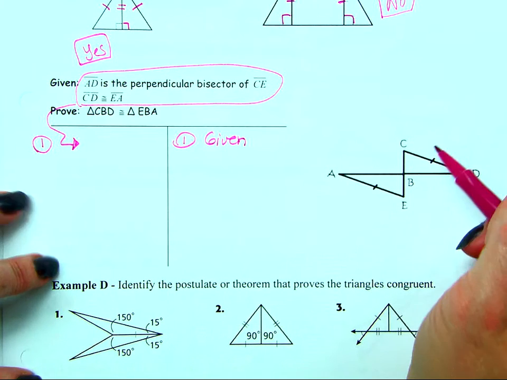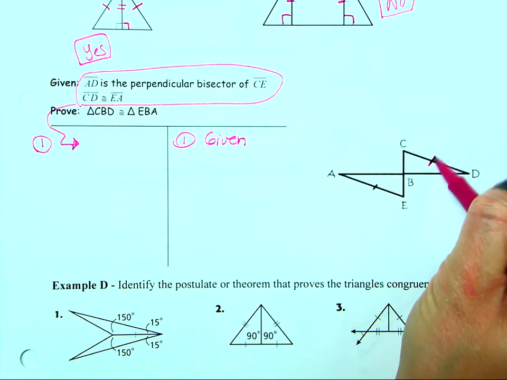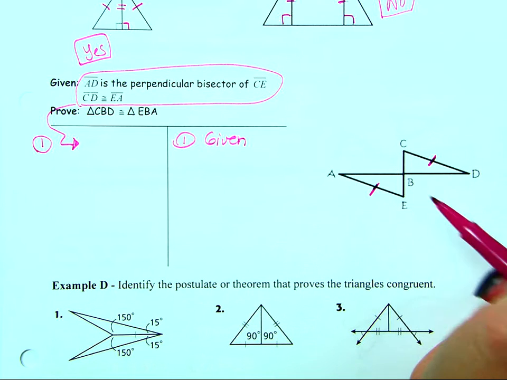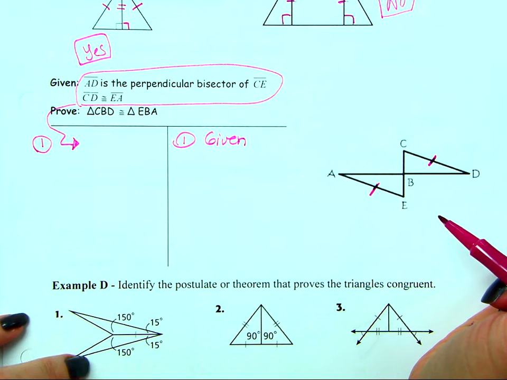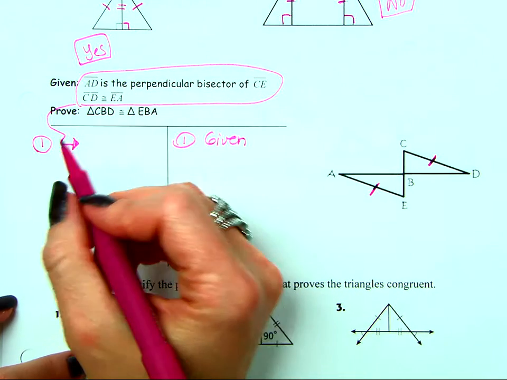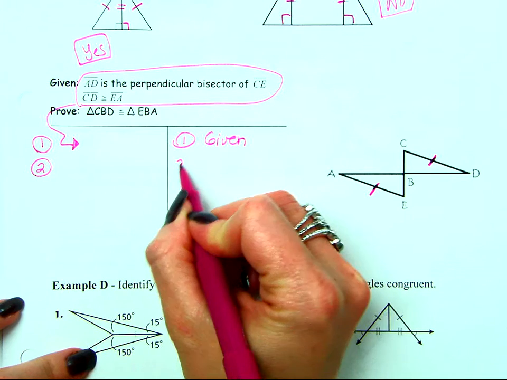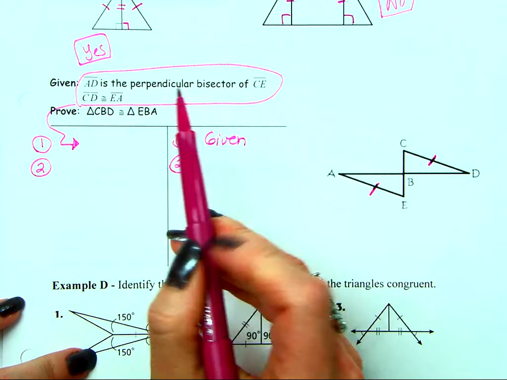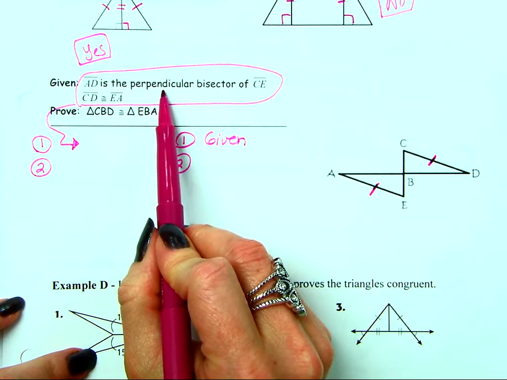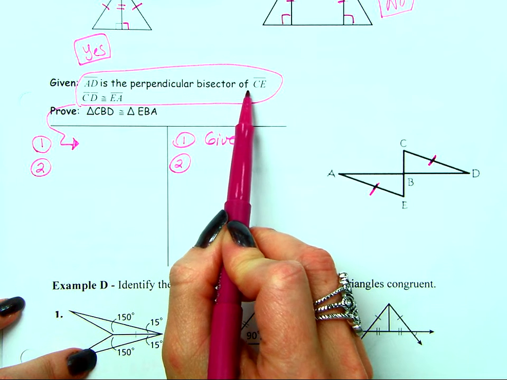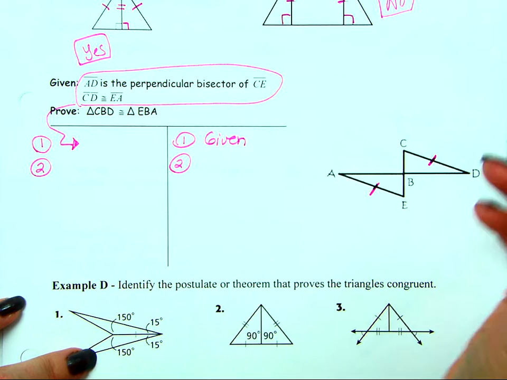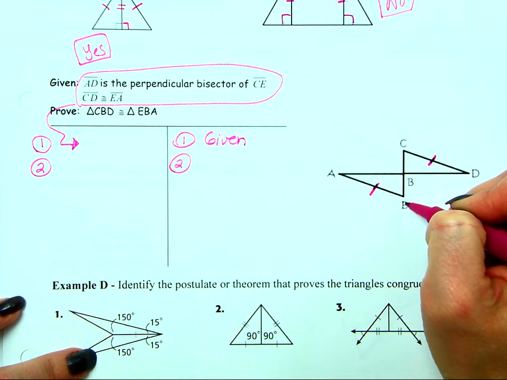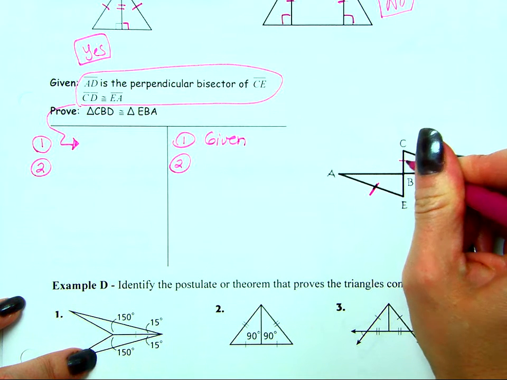They also tell me that side CD is congruent to side EA. Where can I go from here? Well, going back to the initial part, AD is the perpendicular bisector of CE. That really means that my segment CE is the one being bisected.